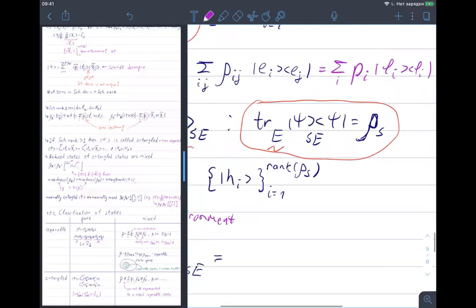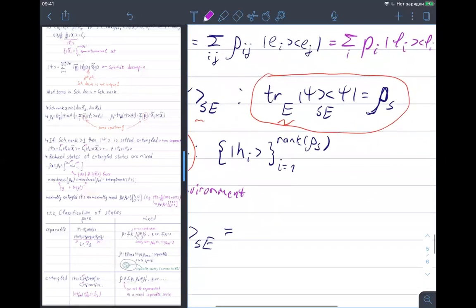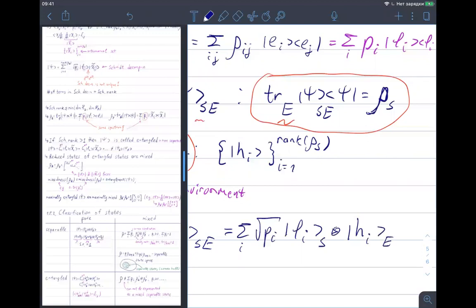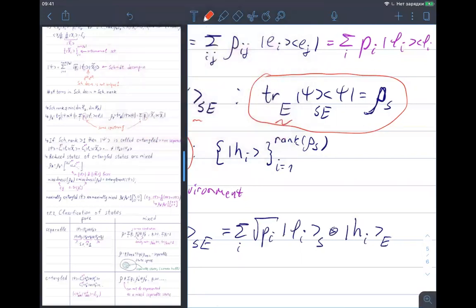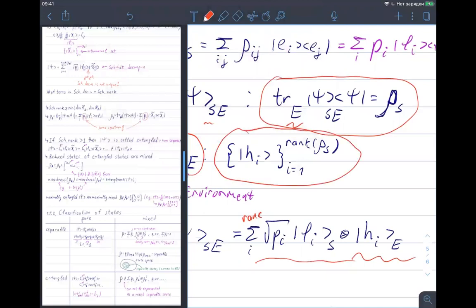Then I can consider a state of the form sum of the square root of p_i, times this phi which lives in my S system, tensor some basis states of my second system. You see that the number of these terms is given by the rank of your matrix, and that is why I need the dimension of my environment to be at least the rank of my system.